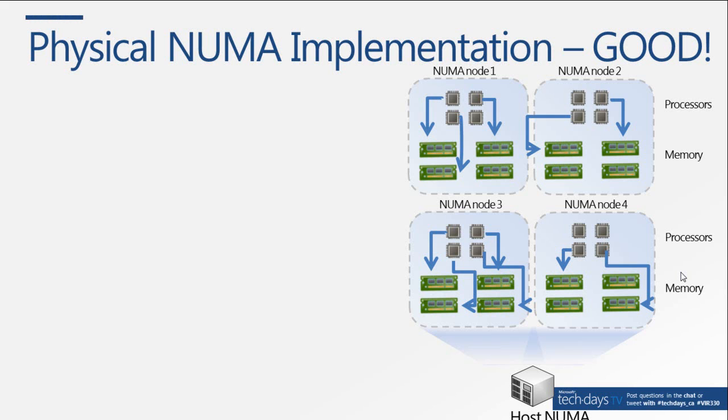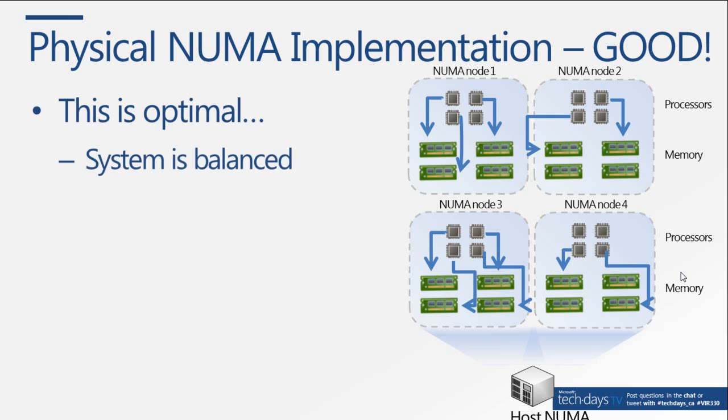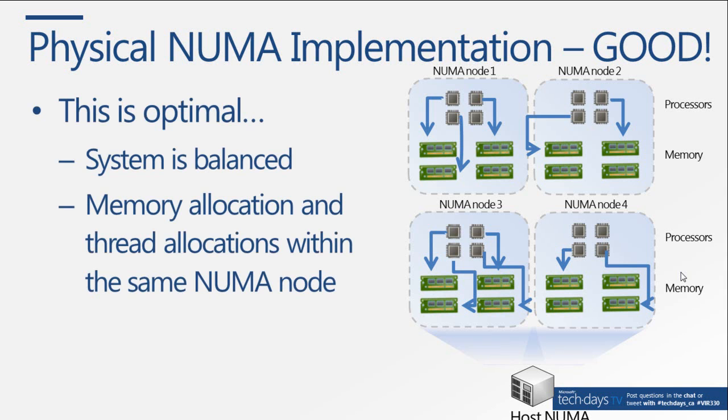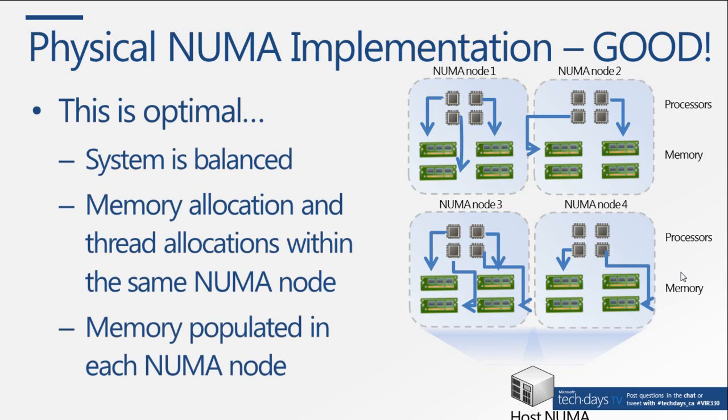Here's an example of a really good NUMA implementation. You've got a 4-socket box which has an equal amount of RAM on every single one of the CPUs. This is the optimal configuration. The system is balanced, memory allocation and thread allocations are within the same NUMA node, and memory is populated in each NUMA node in an equal fashion.